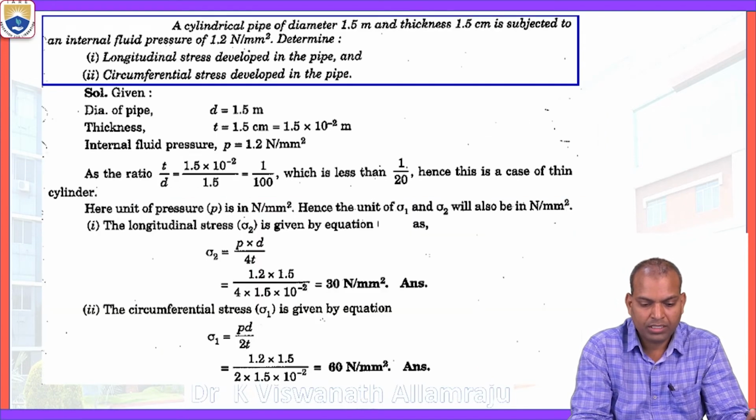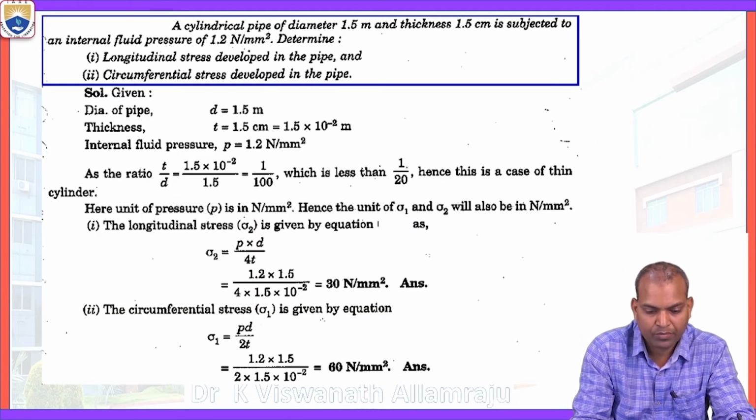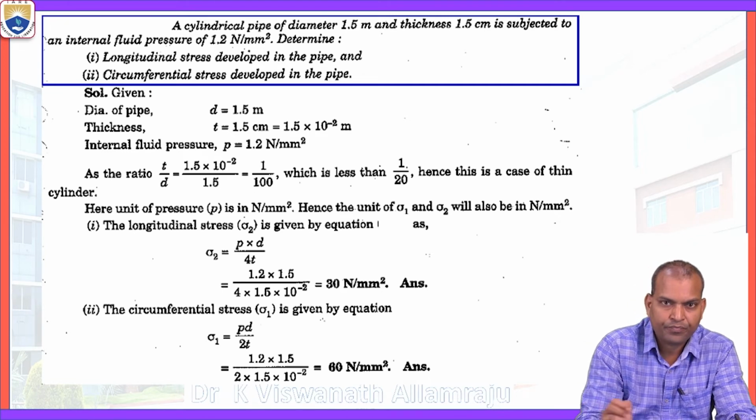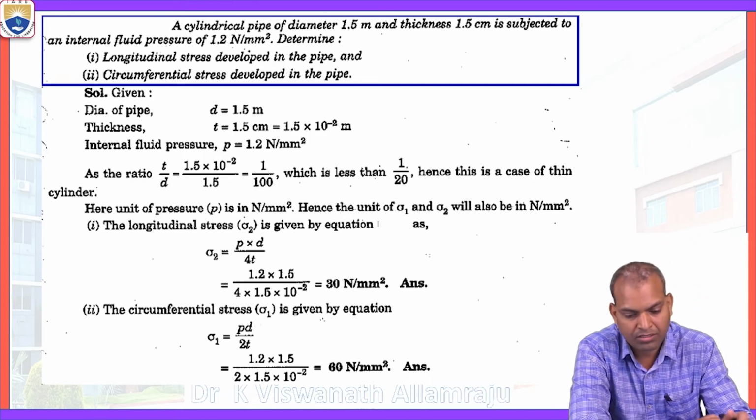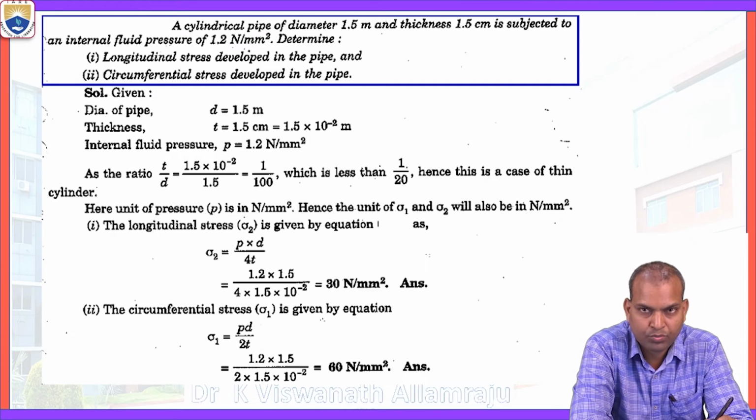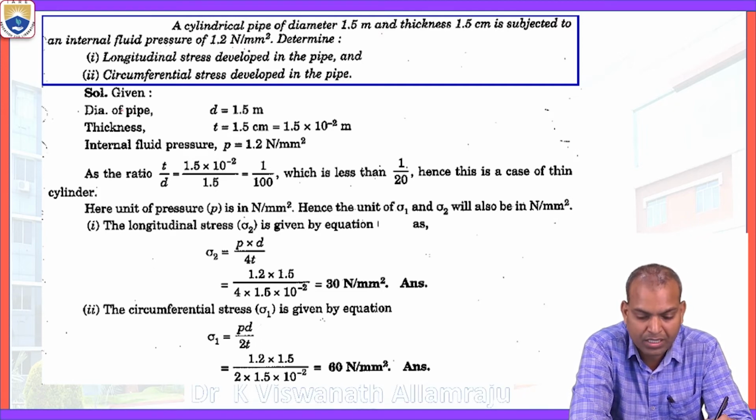Next, let us solve some problems to understand how to apply the derived expressions in order to find the longitudinal and circumferential stresses developed in the pipe or thin cylinder.